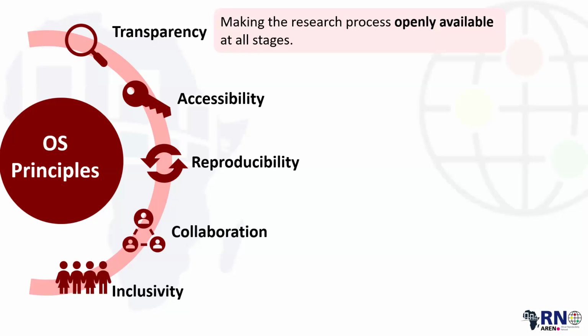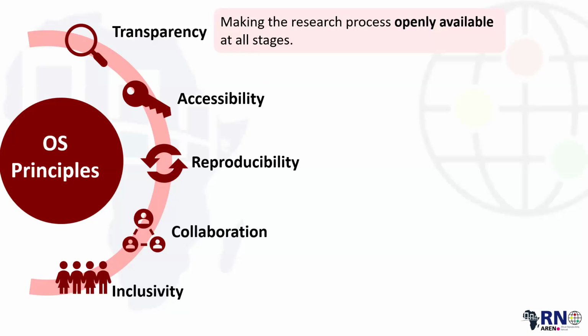And this extends to everything that comes after: the methodology that you use, the data that you got, the analysis that you used, if you use certain codes to do the analysis, and of course the results. These should all be transparent and available for everyone to see.